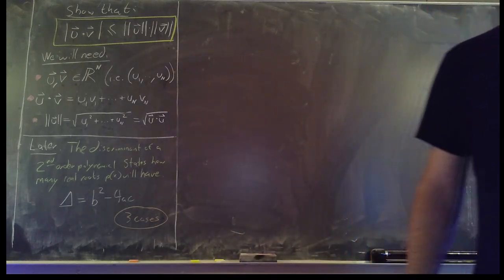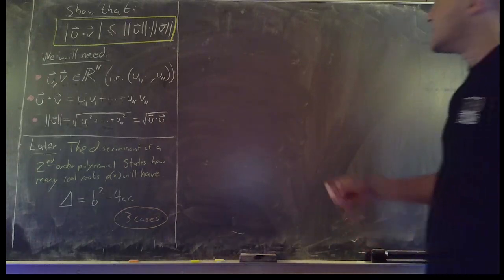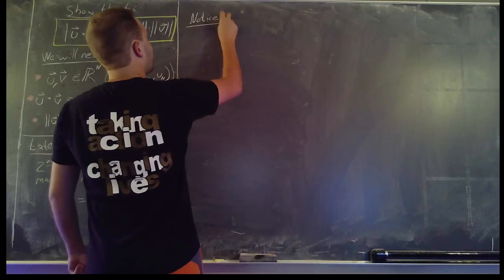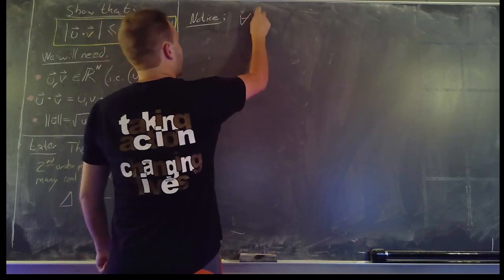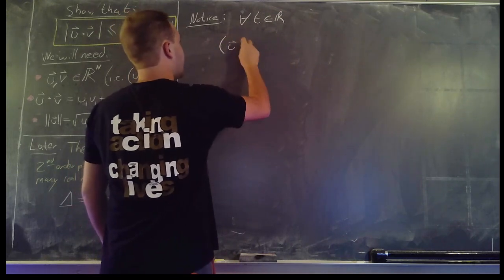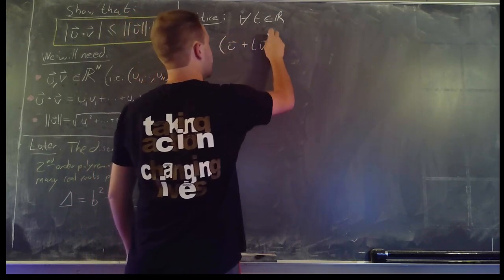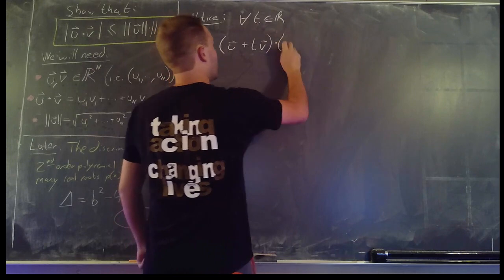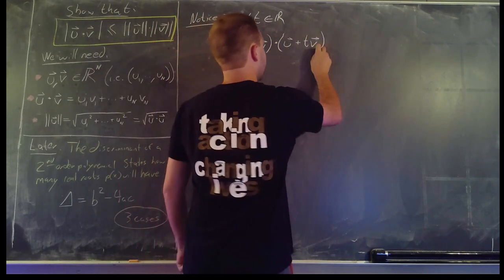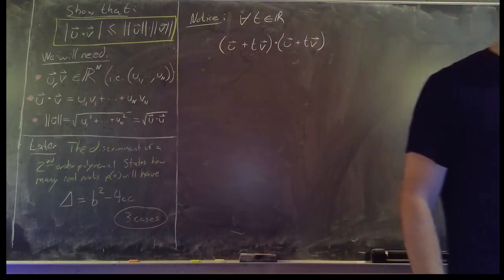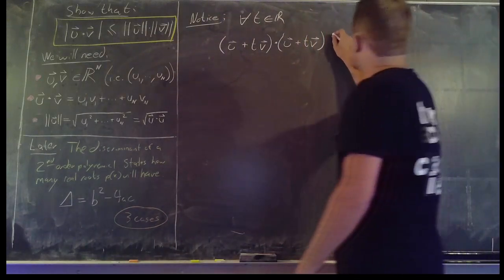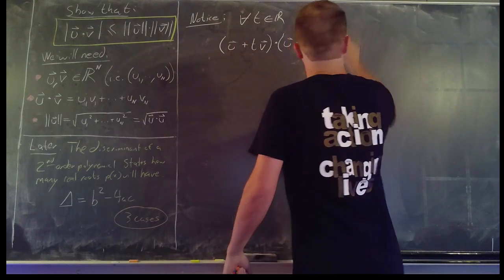Okay, so to begin with, we need to notice that for all t in the real numbers, I can take u plus tv dotted with u plus tv itself, and this is going to be greater than or equal to 0.